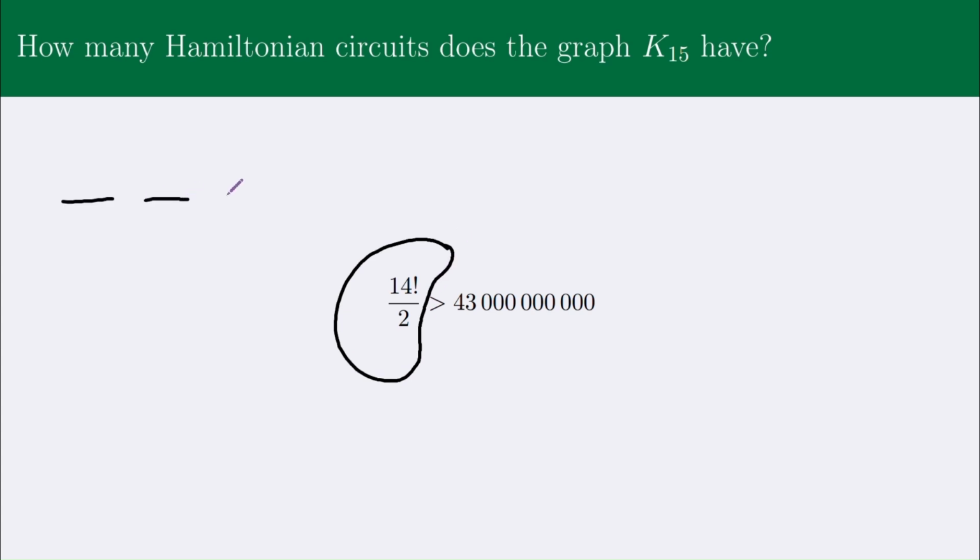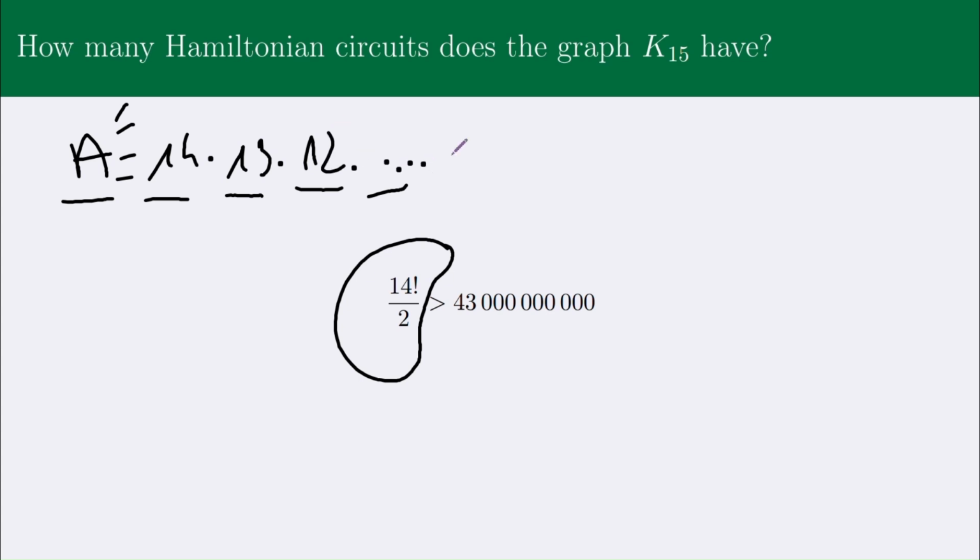Because we have 15 vertices. From vertex A, we have 14 edges. So we have 14 options to traverse. Then 13, 12, and so on up to 1. But some circuits will be counted twice. So we have 14 factorial divided by 2. And this number is bigger than 43 billion.